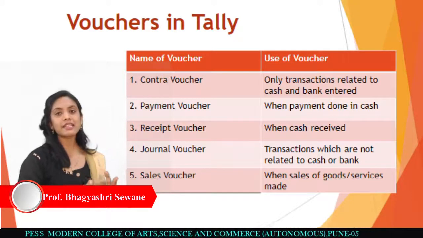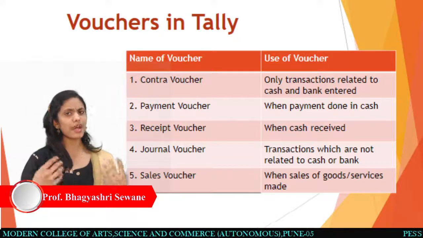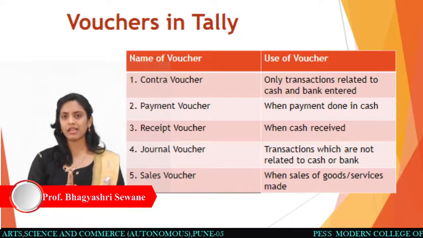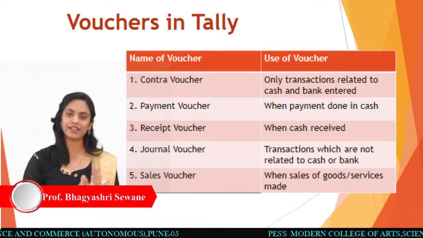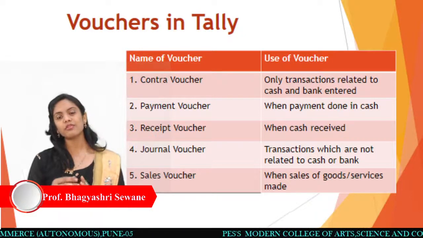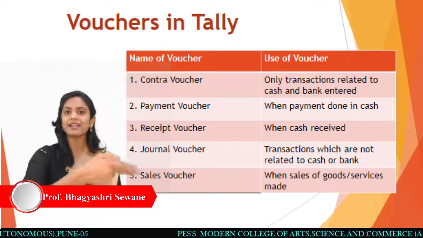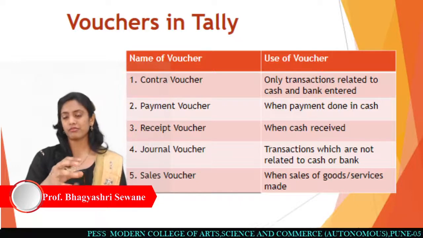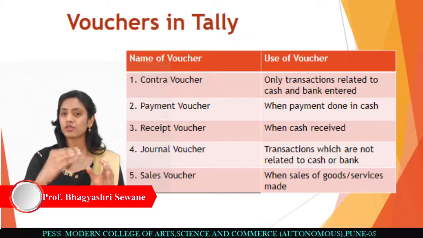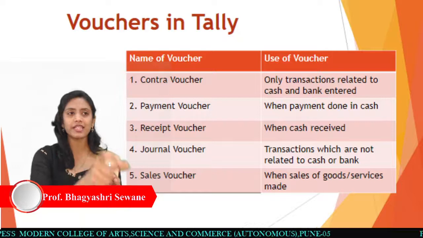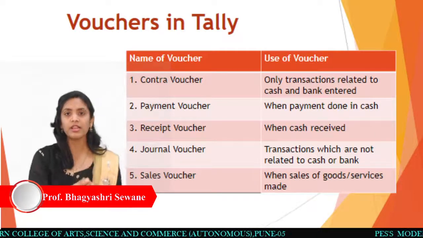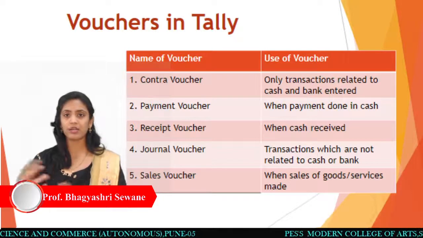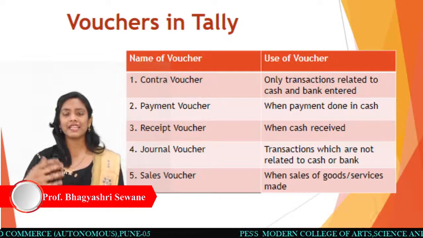The next is the journal voucher. You actually know about this. When we do a manual entry, the same logic they have applied in the software. So the journal voucher, when you are going to use it, is exactly opposite to the contra. It is used when the journal entry does not have any single cash or bank account, for example, a depreciation account and a furniture account, or entries like income tax and TDS.